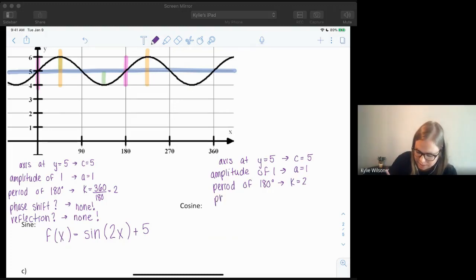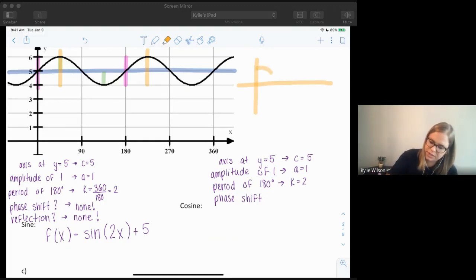Next, I'm looking to see if there's a phase shift. Usually my cosine curve starts right at the y-axis. But in this case, we're starting here, halfway between 0 and 90.